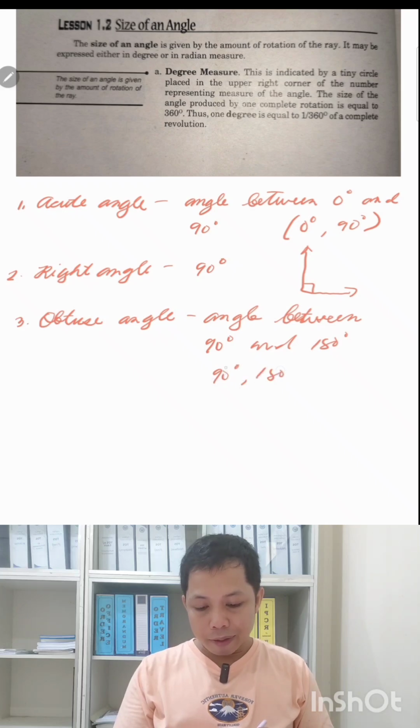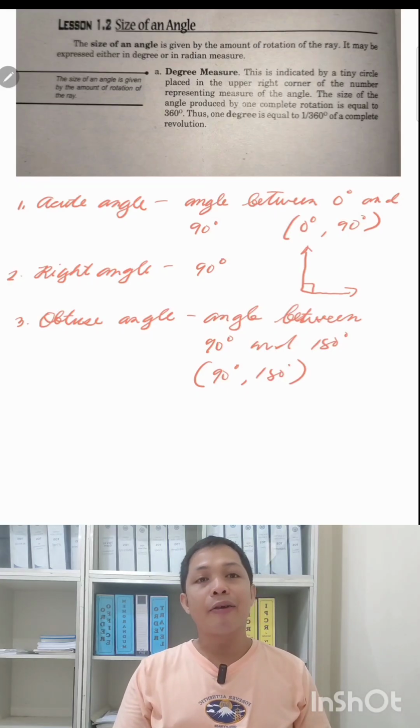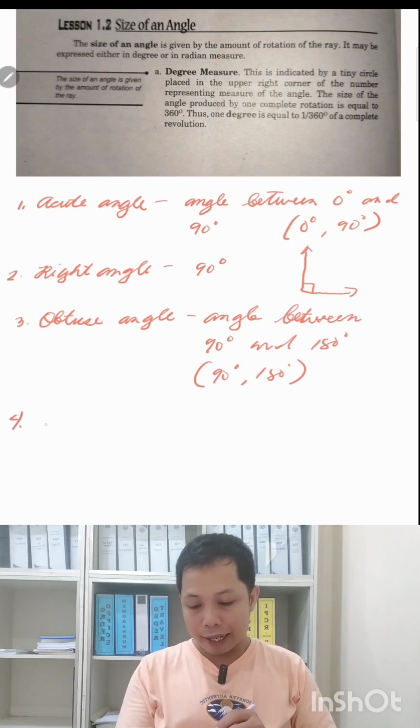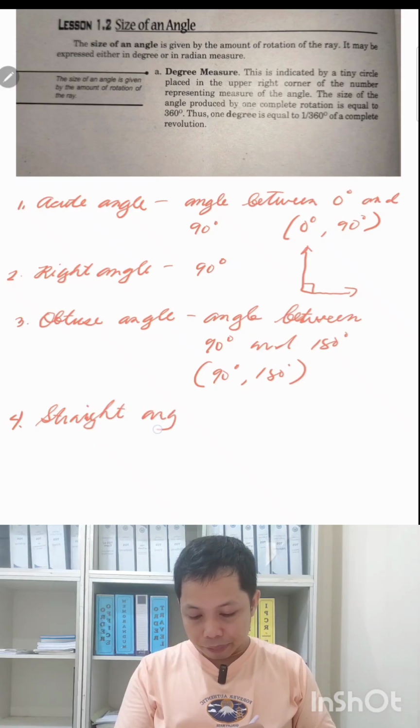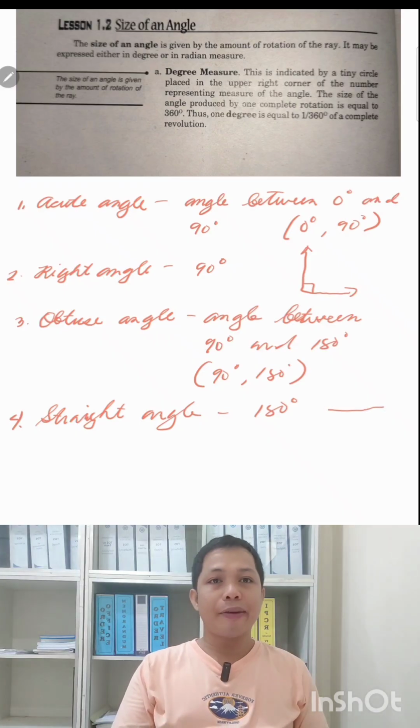In interval, we have 90, 180. Greater than 90, but less than 180. So that is an obtuse angle. Next is called the straight angle. A straight angle measures 180 degrees. Something like this, a straight line.